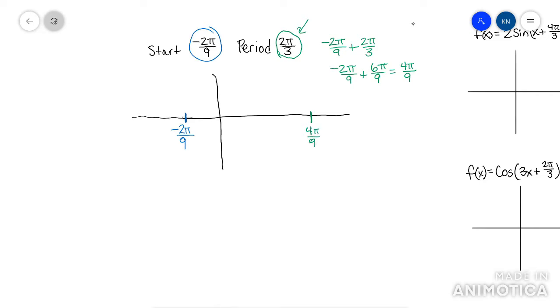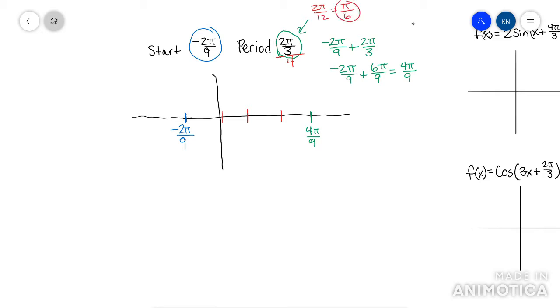Now, on top of that, you're going to have the scale factor. That's where it divides it up into 5 locations. Well, that's the period divided by 4. After you reduce 2 pi over 12, that's pi over 6.